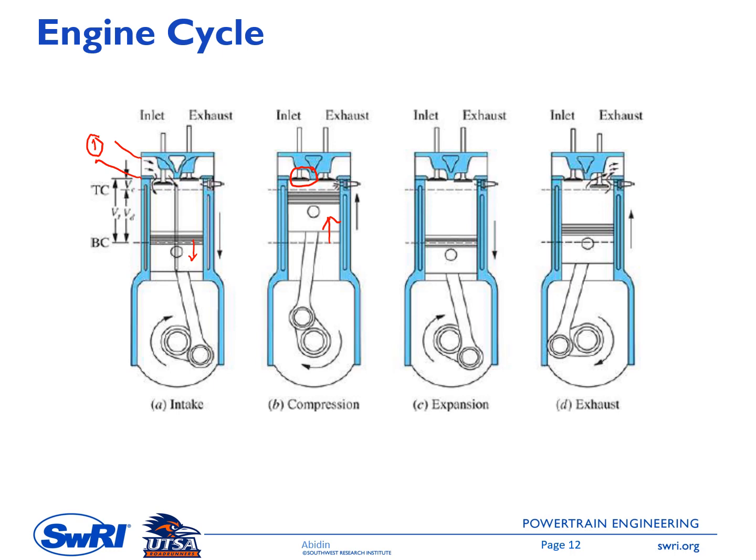Depending on whether it is a spark ignited engine or a compression ignited engine, the spark plug will fire as the piston approaches the top center, or the fuel will be injected as the piston approaches the top center.